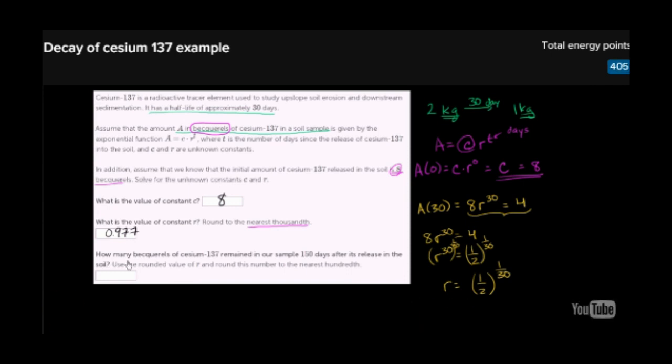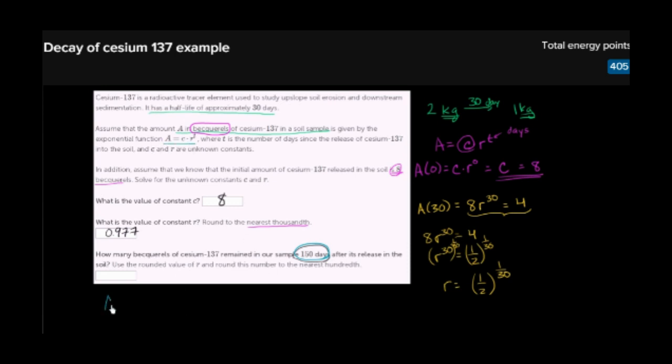And then they finally say, how many becquerels of cesium-137 remain in our sample 150 days after its release in the soil? Use the rounded value of r and round this number to the nearest hundredth. So just to be clear, we already know c and r.